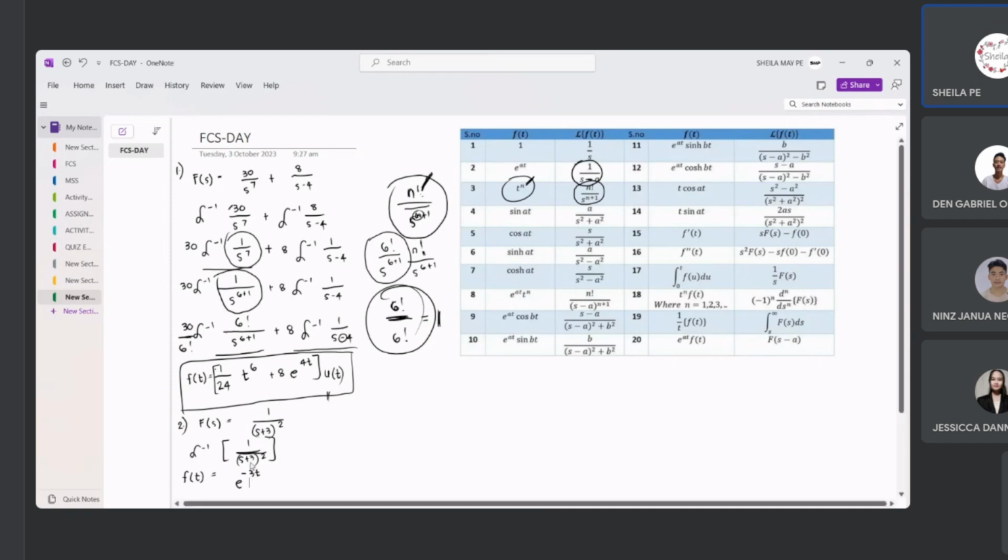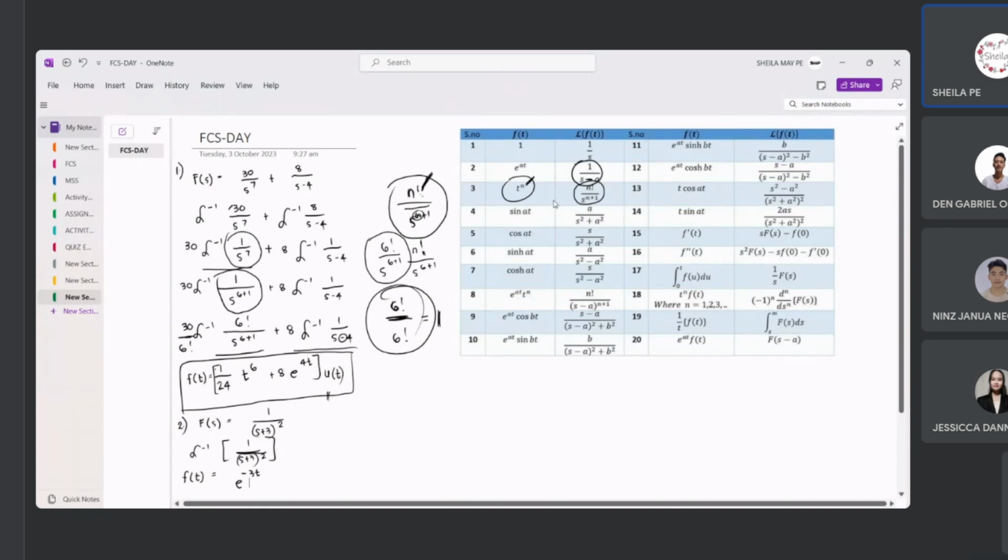Now, after that one, class, we include the square. Now, 1 over s squared, 1 over a variable raised to the power of 2, is equivalent to our t raised to the power of n. But what's our n here?